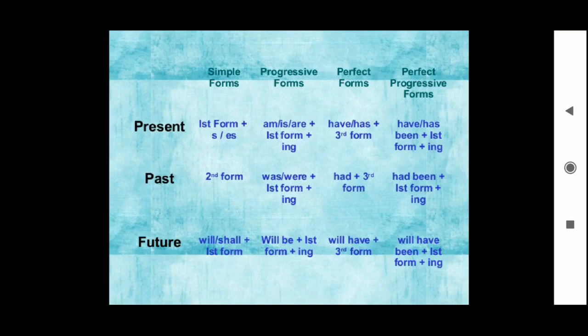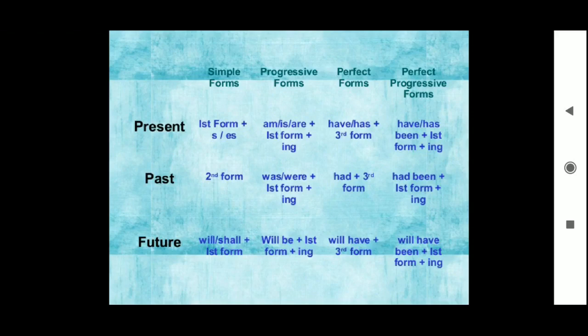In simple present or present indefinite tense, we use subject plus first form of verb or add s or es to the verb. In present continuous tense or present progressive forms, we use am, is, are plus first form plus ing.